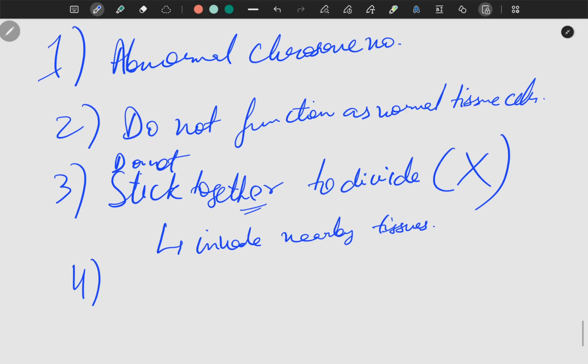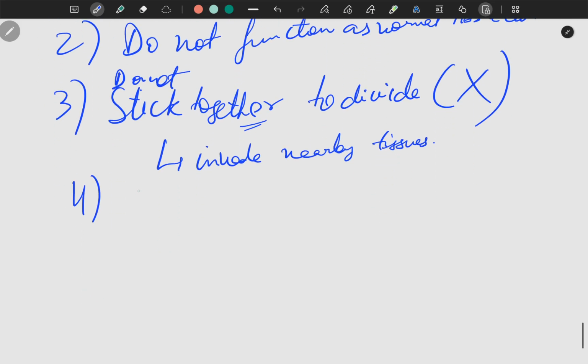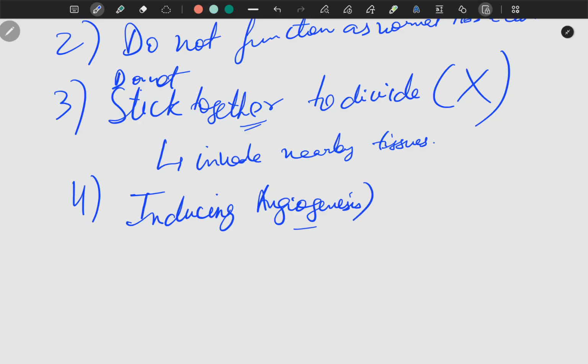And the fourth thing is inducing angiogenesis, which means making new blood vessels.